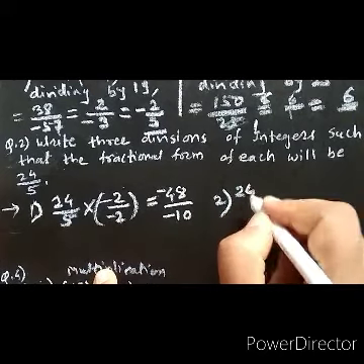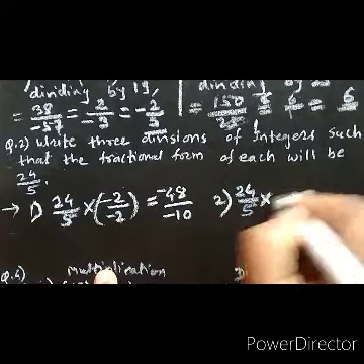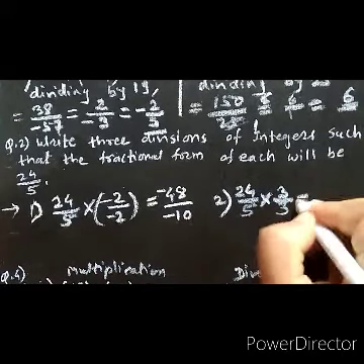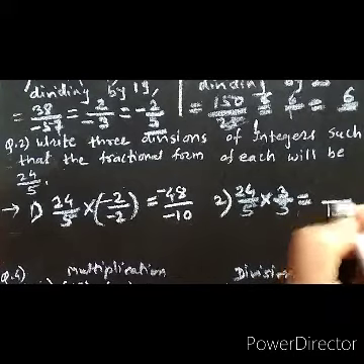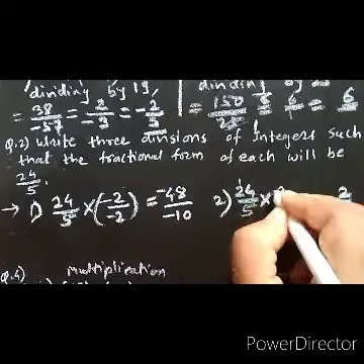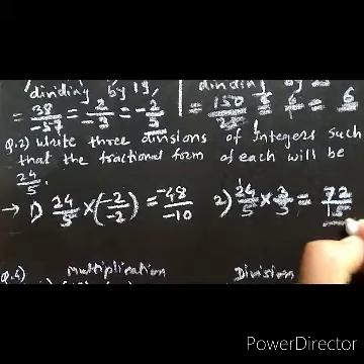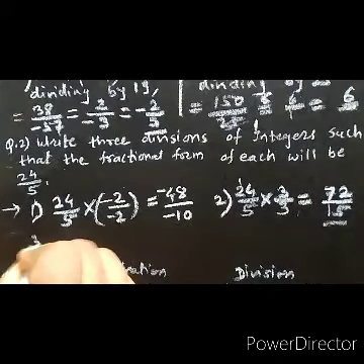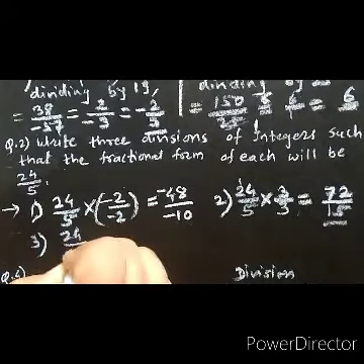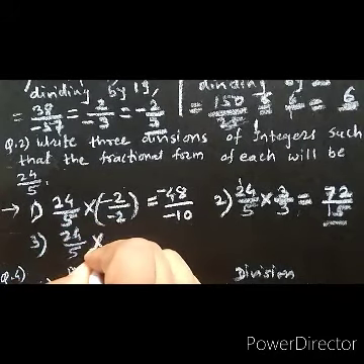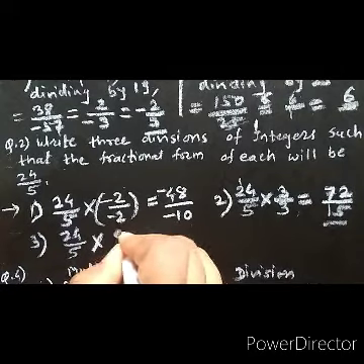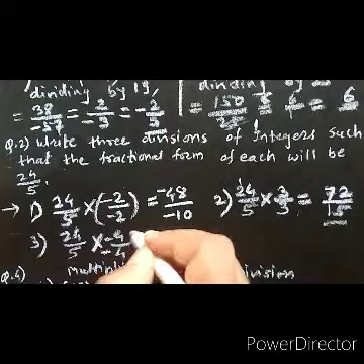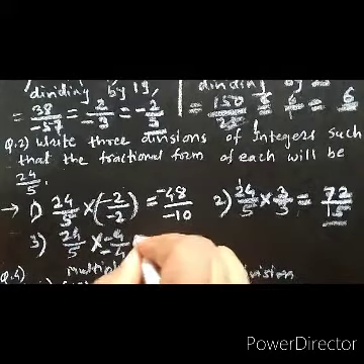Now number 2, multiplying by 3. 24 upon 5 multiplied by 3, we can multiply by positive 3. So 5 3s are 15 and 3 4s are 12, 1 carry, 3 2s are 6 plus 1 is 7, that is 72 upon 15. Number 3, 24 upon 5 multiplied by 4, we can take a negative number, and dividing negative by negative we get a positive integer.